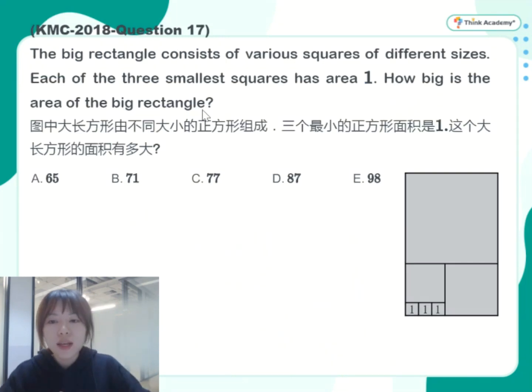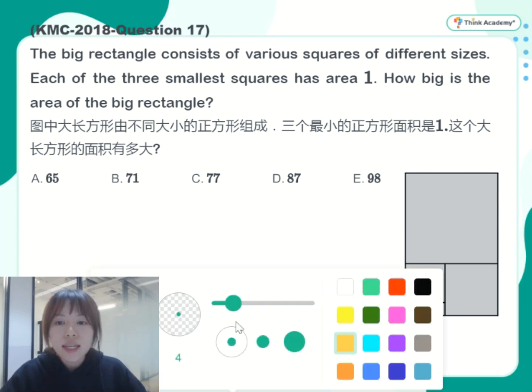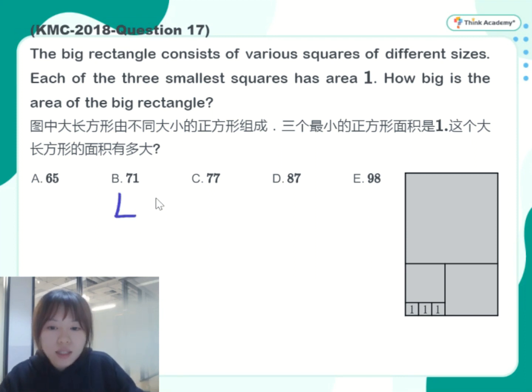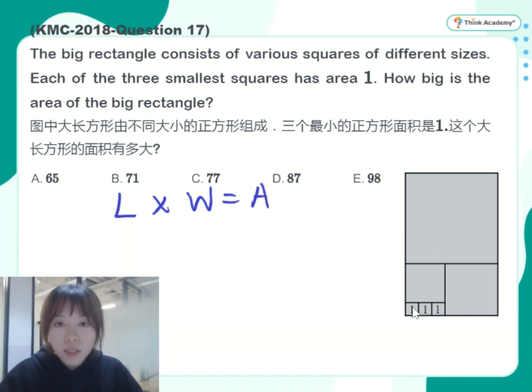Let's continue. The big rectangle consists of various squares of different size. Each of the three smallest squares has area 1. How big is the area of the big rectangle? If we want to know the area of a rectangle, we use length times width equals area. But here we only know the smallest square. The area is 1.